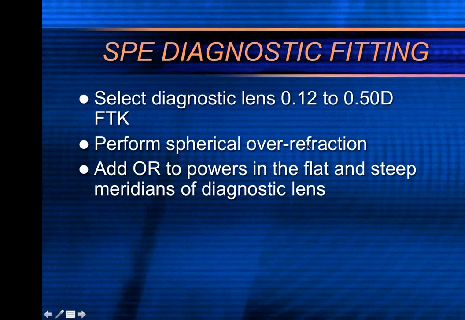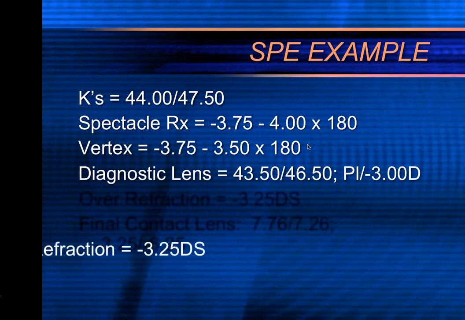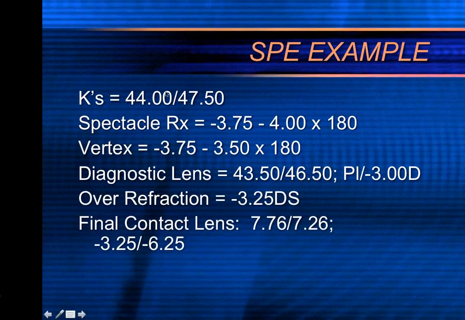Perform a spherical overrefraction, and then just as you do with a spherical lens, add the overrefraction to the diagnostic lens power. Only in this case, you have 2 powers to add the overrefraction to. So if we look at an example, you have these K values, this refraction.